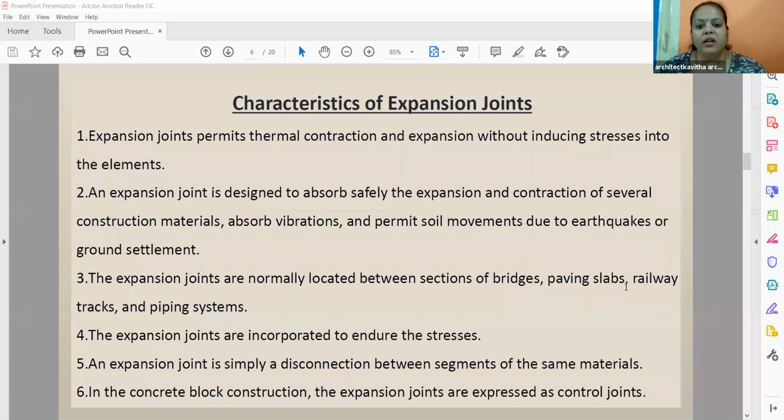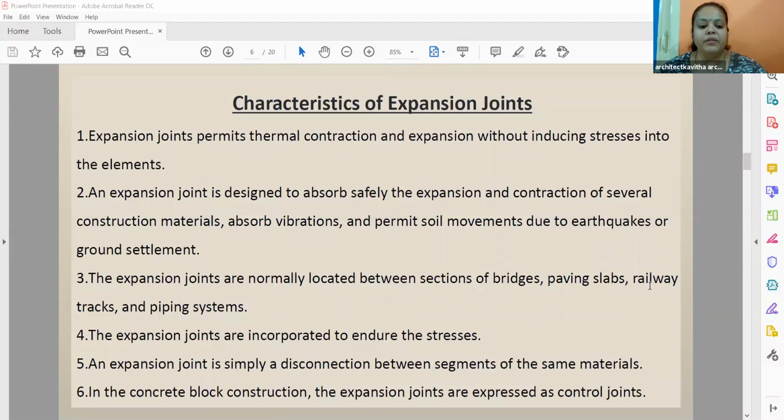Even in concrete, these days almost all the roads are of concrete. So you cannot lay in continuation either, because you have to give some gap, or say per day you can lay up to half a kilometer or 1 kilometer. So to avoid that, and also to avoid the vibrations from the vehicles, there also you require expansion joints.